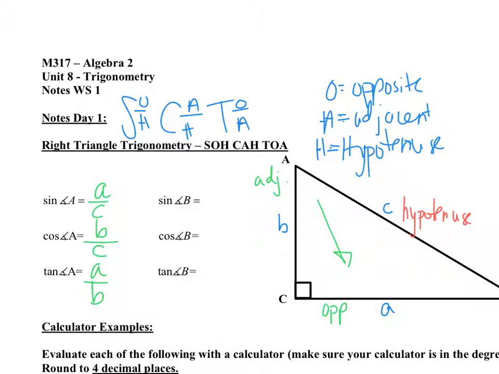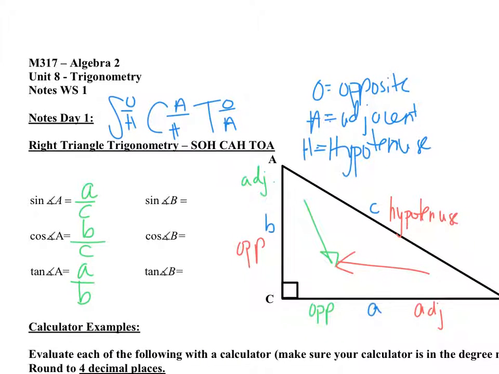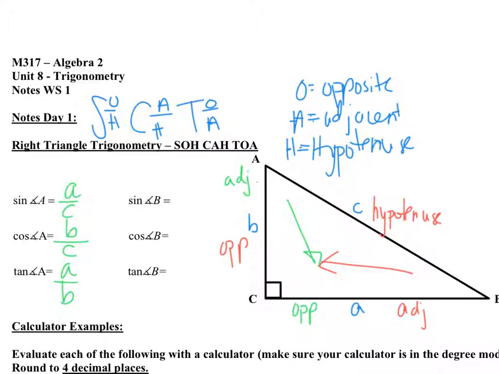We need to do the same thing for angle B. For angle B, this is going to be the opposite side, and this is going to be the adjacent side. So sine of B is going to be b over c. Cosine of B is going to be a over c.